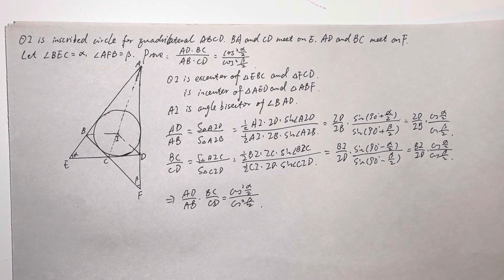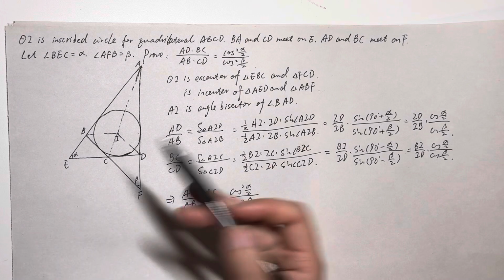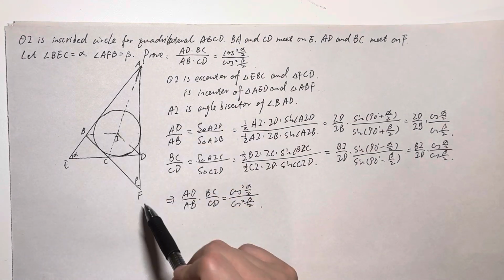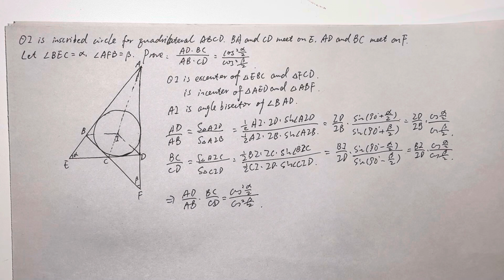All of them relate to angle bisector lines. That means we need to directly think of connecting all the angle bisector lines to I, getting all the angle bisectors, and then solving the problem based on that.